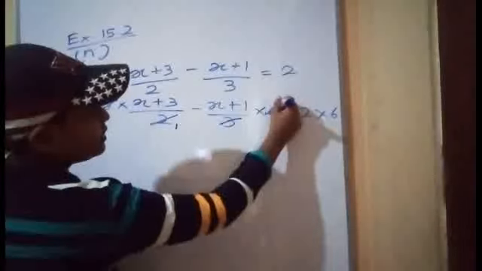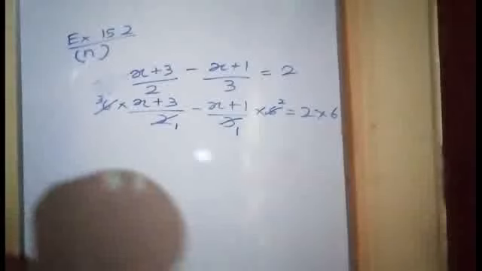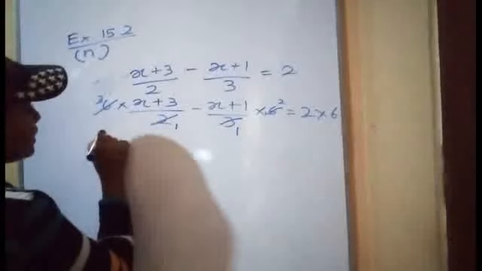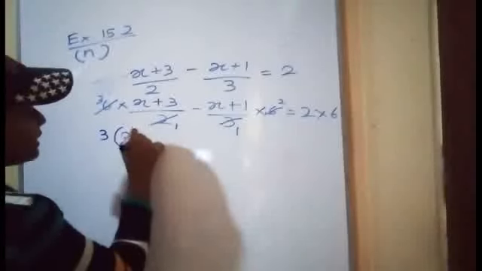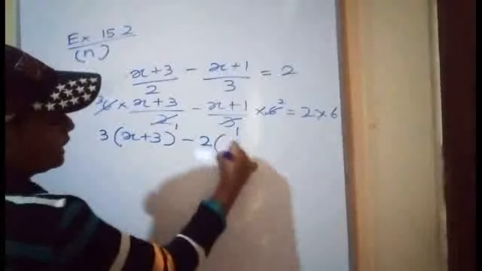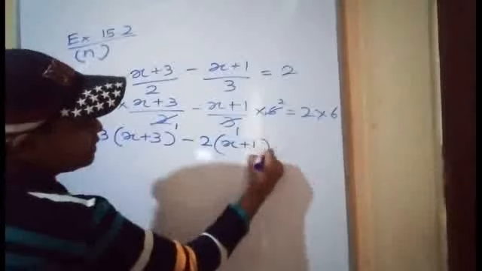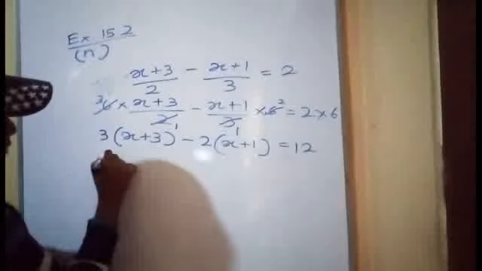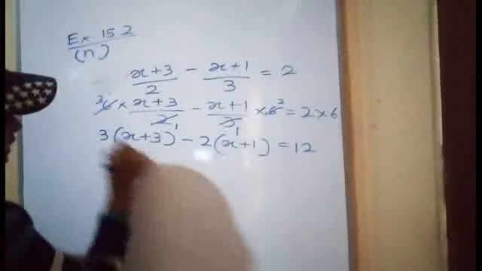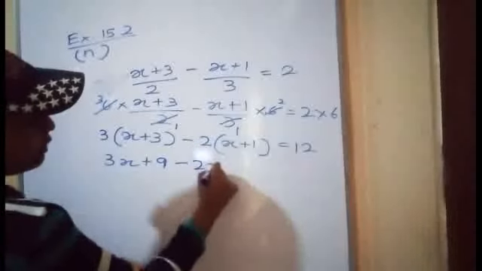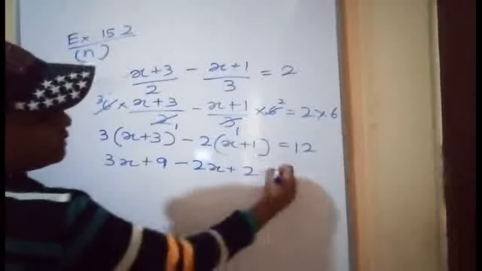And now we have 3 in brackets x plus 3 subtract 2 in brackets x plus 1 equals 12. And we multiply: 3 times x is 3x, plus 3 times 3 is 9. Subtract 2 times x is 2x, plus 2 times 1 is 2, equals 12.